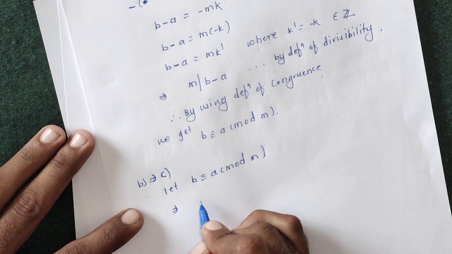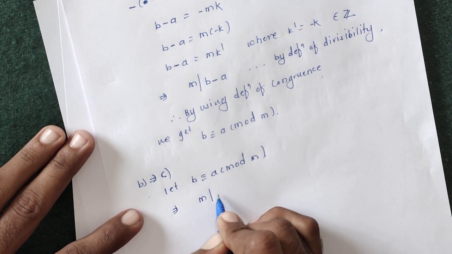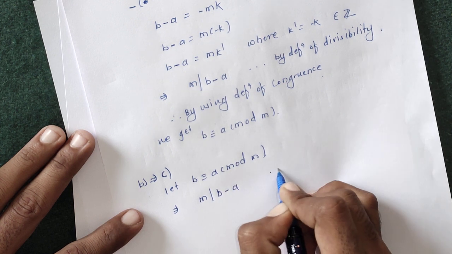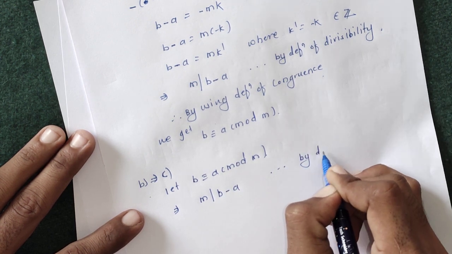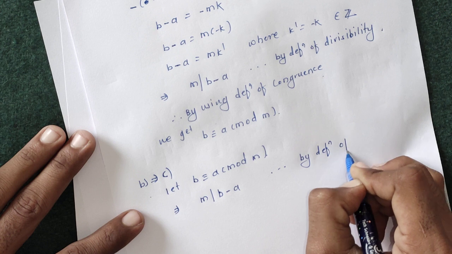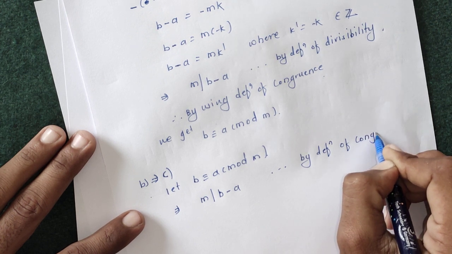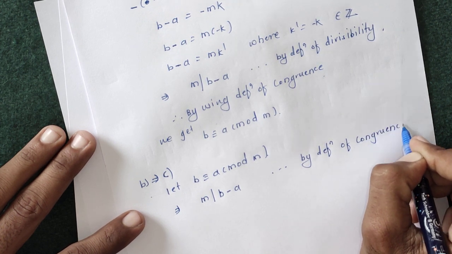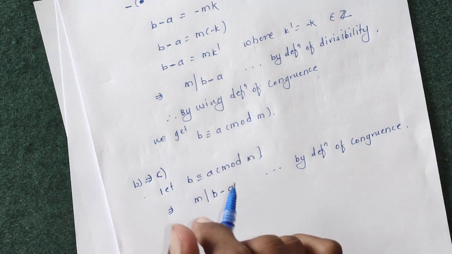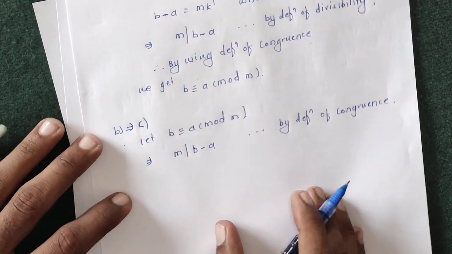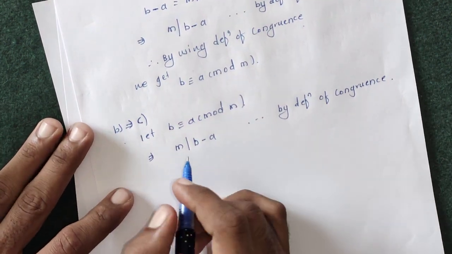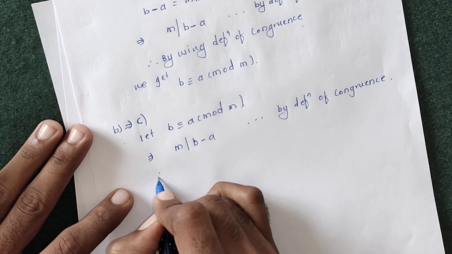Therefore, by definition of congruence, m divides B minus A.